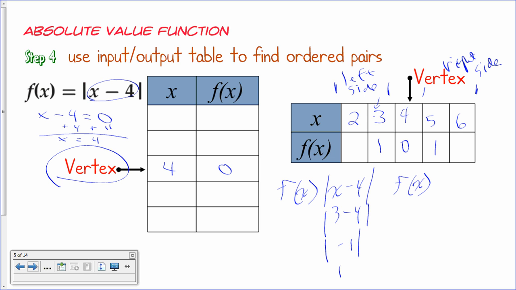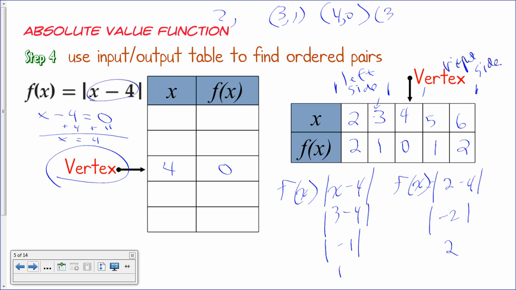f of x equals 2 minus 4. 2 minus 4 is what? Negative 2. What's the absolute value of negative 2? So this is going to be 2, and this side is going to be 2. You guys see it? Okay, so my ordered pairs are what? 4 and 0. 3 and 1. 2 and 2.